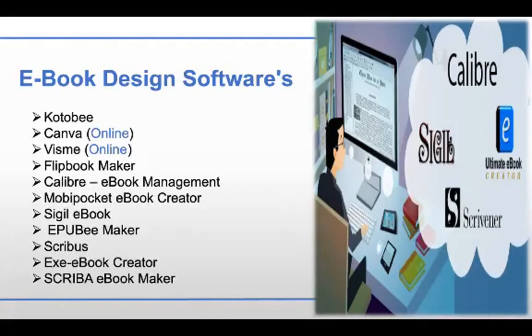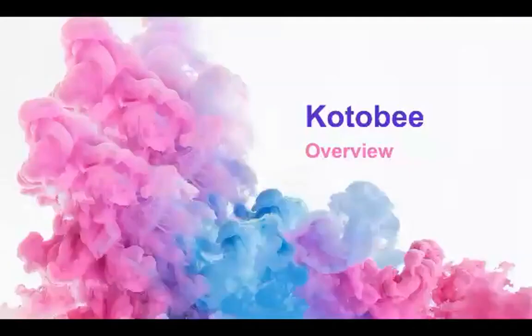Flipbook Maker is also a good one, but Kotobi is one of the best software I'm going to discuss with you. I hope after watching the tutorials and trying it, you would not need any other software. So let's start with the overview.